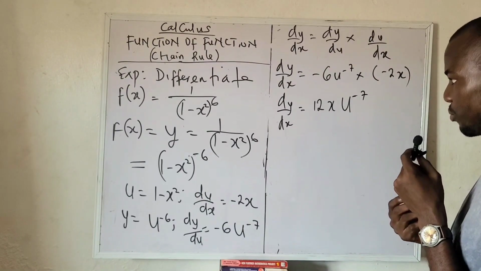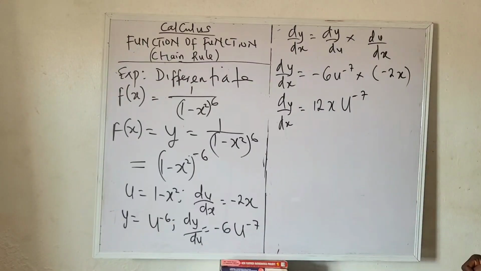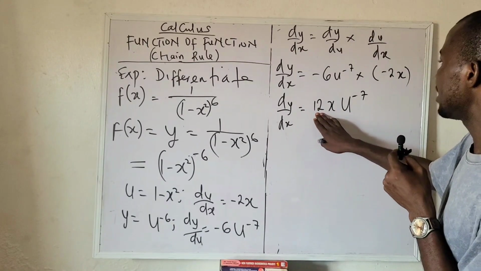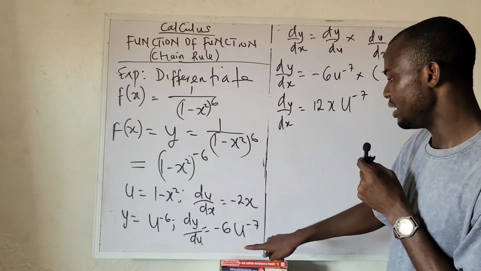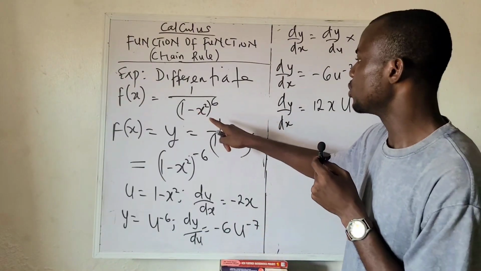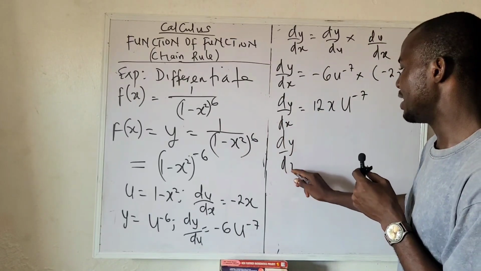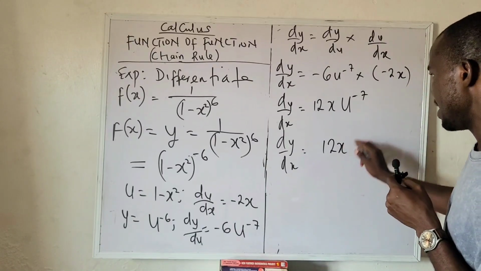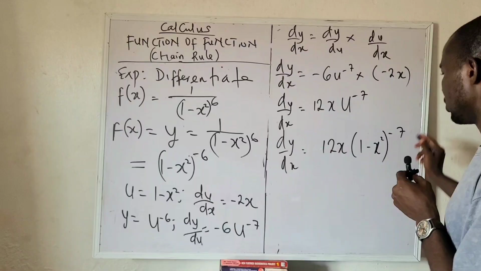Since we know that our u is 1 minus x squared, then our dy over dx equals 12x times 1 minus x squared raised to the power minus 7.